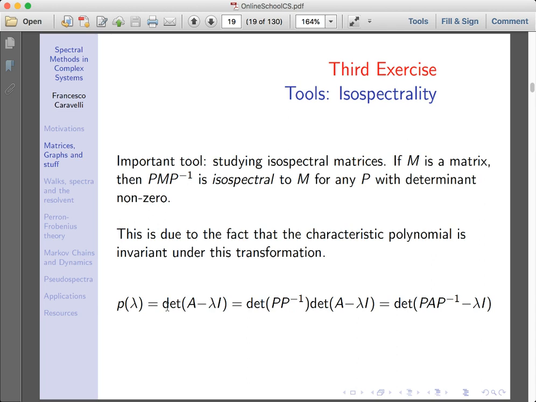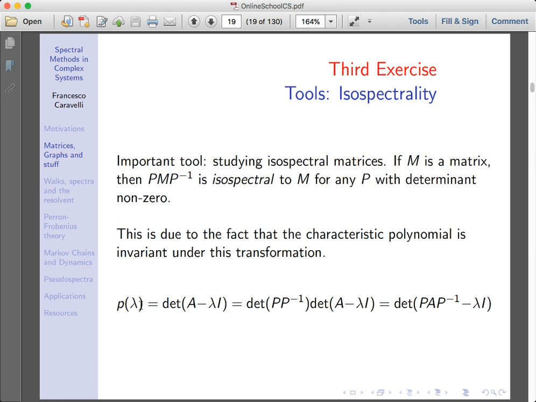The characteristic polynomial P of lambda for both matrices is the same, and the proof is provided in the series of formulas at the bottom. It relies basically on the properties of the determinant, and shows that P of lambda is the same for both the determinant of A minus lambda I, and for the determinant of P A P minus 1 minus lambda I. You can prove it by inserting a 1 as a product and using a property of the determinant.